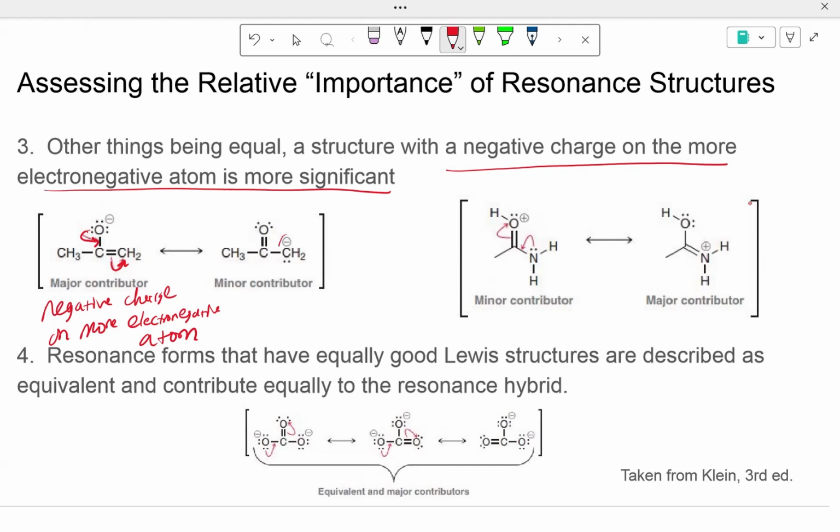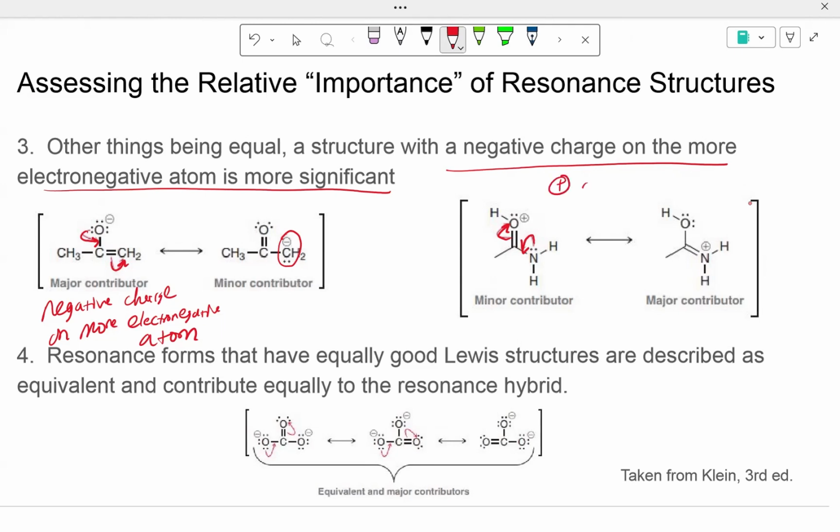The carbon over here is the less electronegative atom, so it is the minor contributor. Now we do the same thing when it comes to positive charges, except it's kind of like the opposite trend. So when there's a positive charge that's moving about, like in this series of resonance forms, we want the positive charge to be on the less electronegative atom.